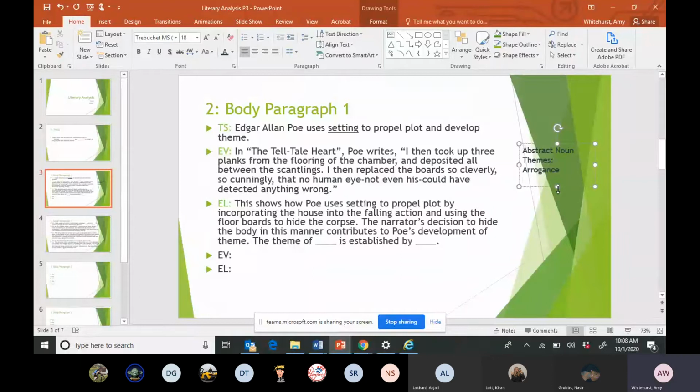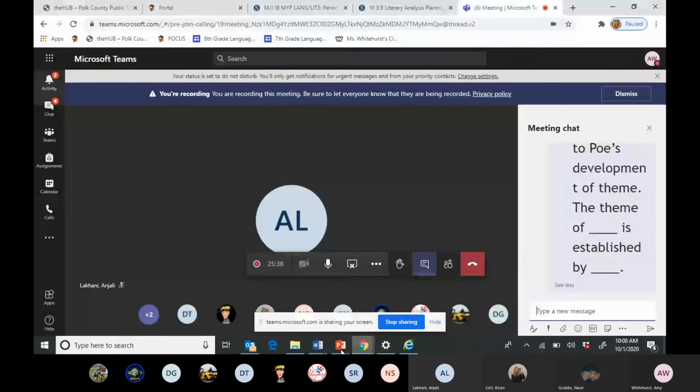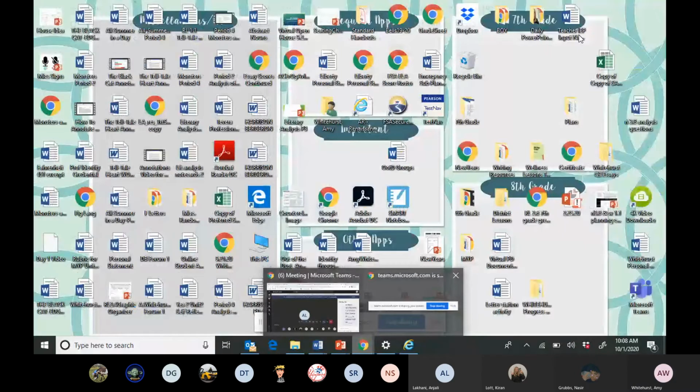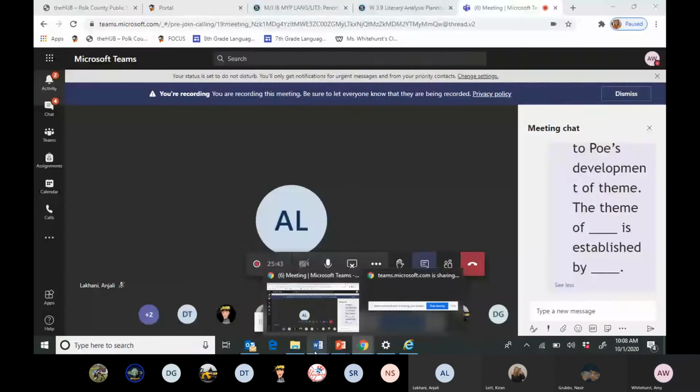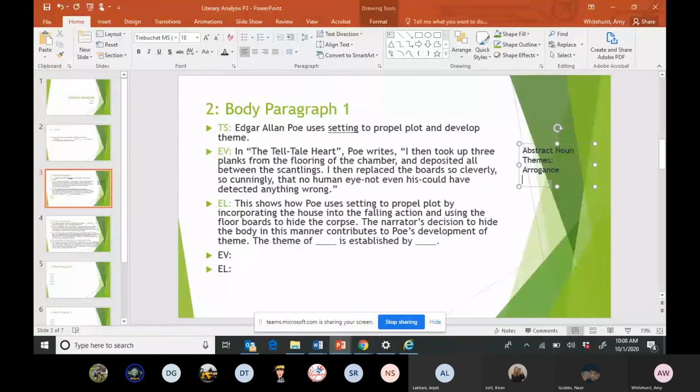Nobody wants to guess? So some that we had talked about in the past were insanity, obsession, guilt, remorse, which is like the same thing as guilt.